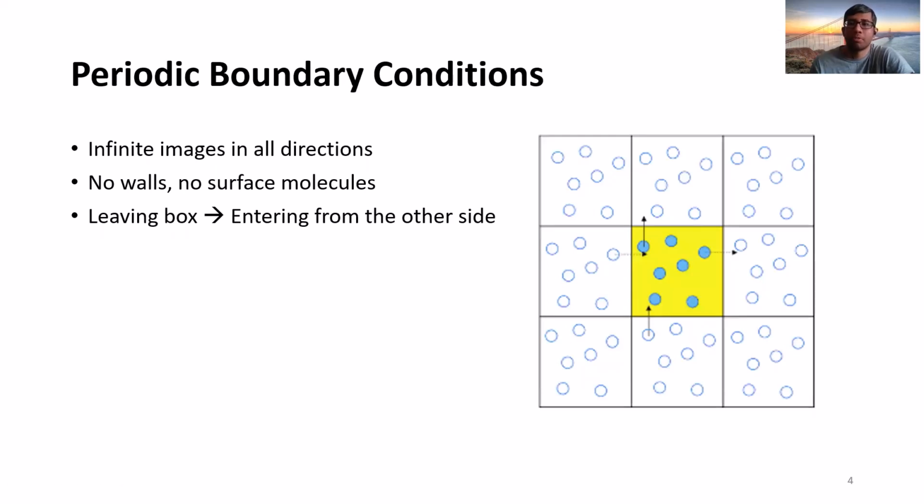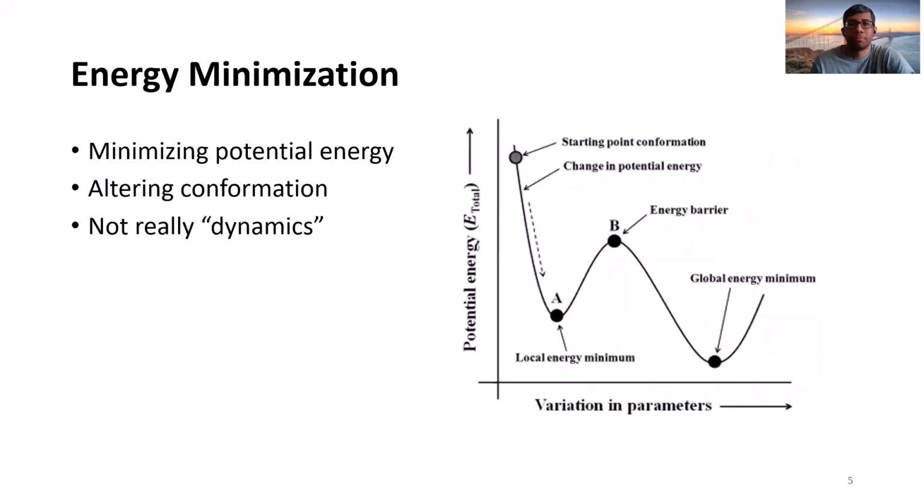So this is a flashback of the previous lecture where we have shown that a central box is actually extended or copied infinitesimally in all directions to get a macroscopic level of properties or a bulk property.